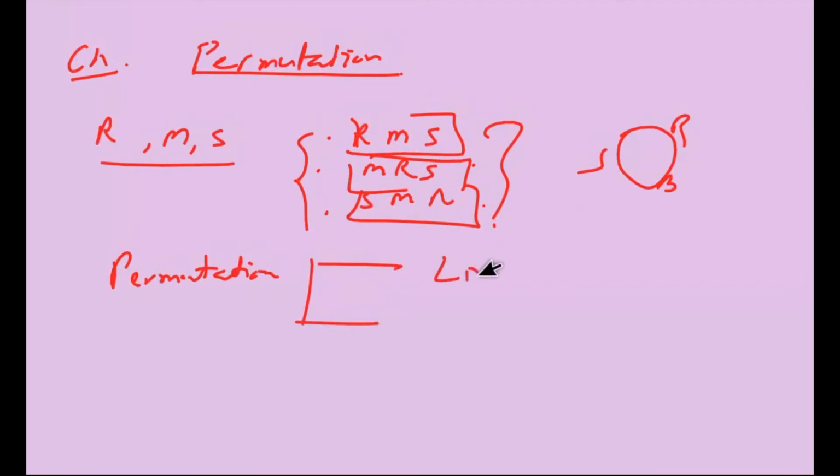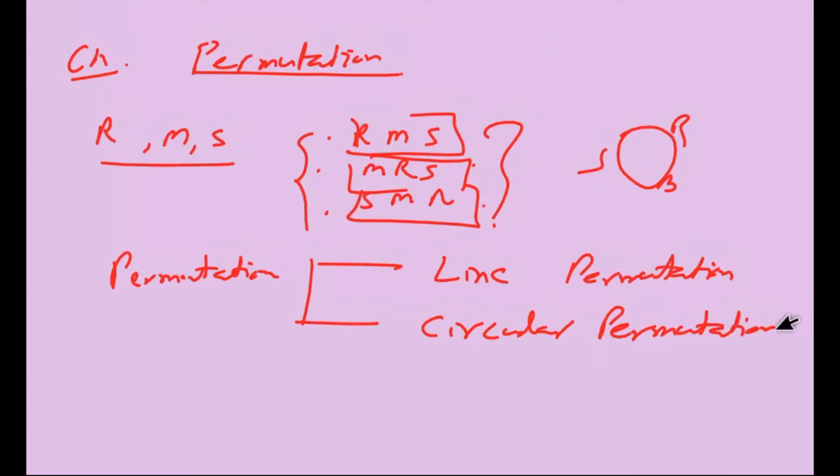Number one is line permutations and number two is circular permutations. Students, first I will describe line permutations.